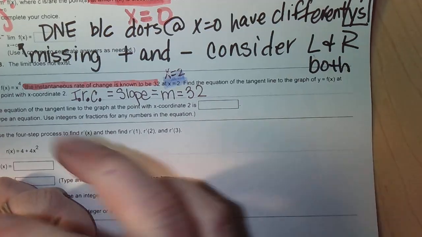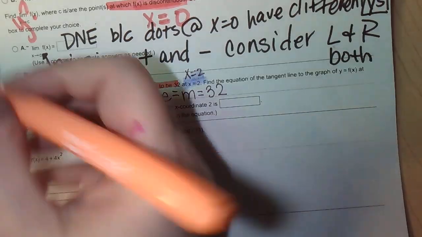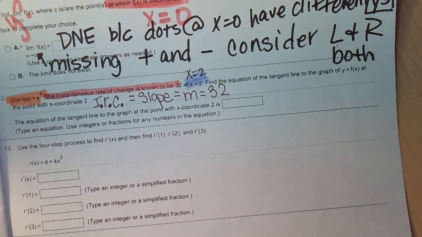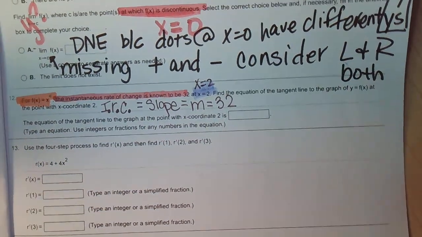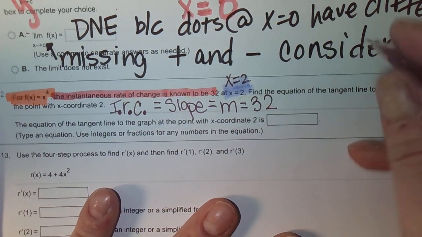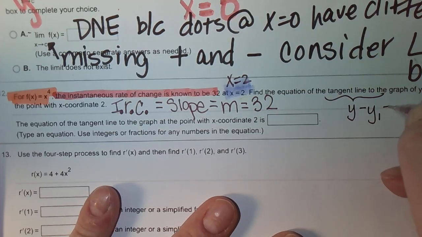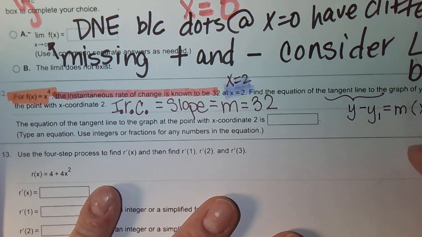Then they also told us at the very beginning f of x equals x to the 4. So they gave us 3 pieces of information. It says find the equation of the tangent line. Well, the equation of a tangent line is y minus y1 equals m parentheses x minus x1.